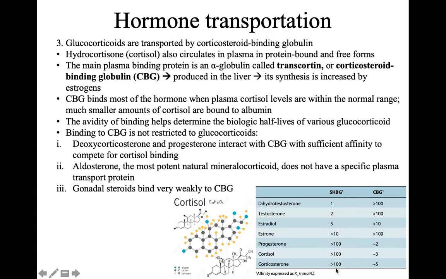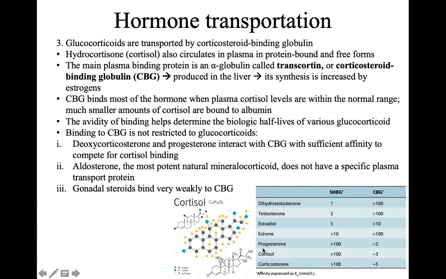So this is a very specific sexual hormone binding globulin that has a perfect match with the progesterone, but not the CBG. So when I ask in the MCQ, the multiple choice question in your final exam, what would be the transport protein for progesterone?